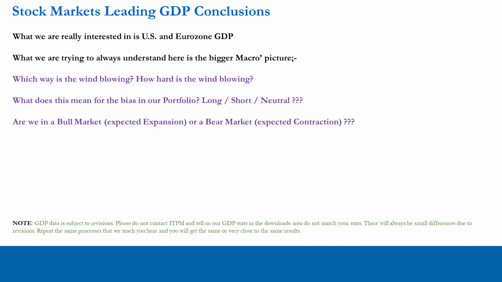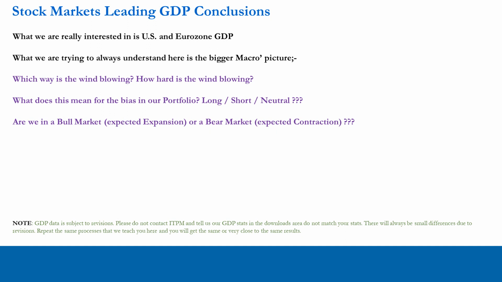We're always asking ourselves the question, which way is the wind blowing? And asking ourselves the question, how hard is the wind blowing? What does this mean for the bias in our portfolio? Should we be long? Should we be short? Should we be neutral?